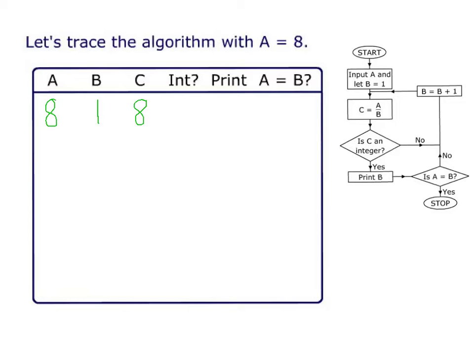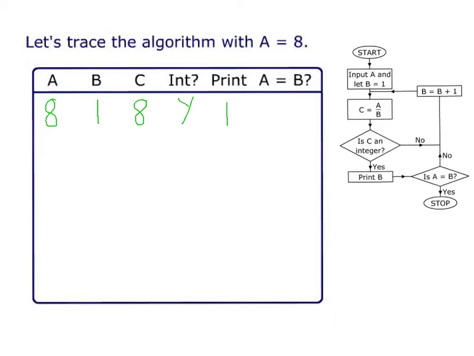We then follow on to our first question in the flowchart, and it says, is c an integer? Now our current value of c is 8, which is an integer, so I'm going to put just a y because we're answering yes to that question, and it says print b. So we're going to write down what b is at the moment.